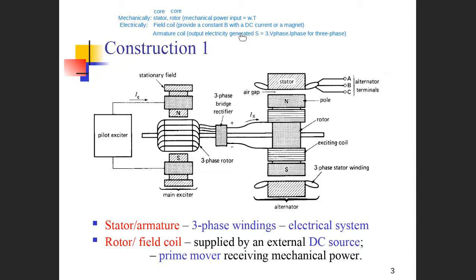In the picture below, one way is to install the field coils on the stator and the armature coils on the rotor. The other is to install the armature coils on the stator with the field coils on the rotor.